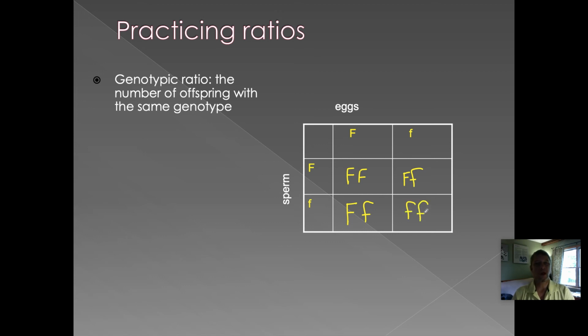Okay? Now, the genotypic ratio is the number of offspring with the same genotype. So remember that we have three potential genotypes in this case: big F, big F, big F, little f, and little f, little f. And so these are the genotypes.